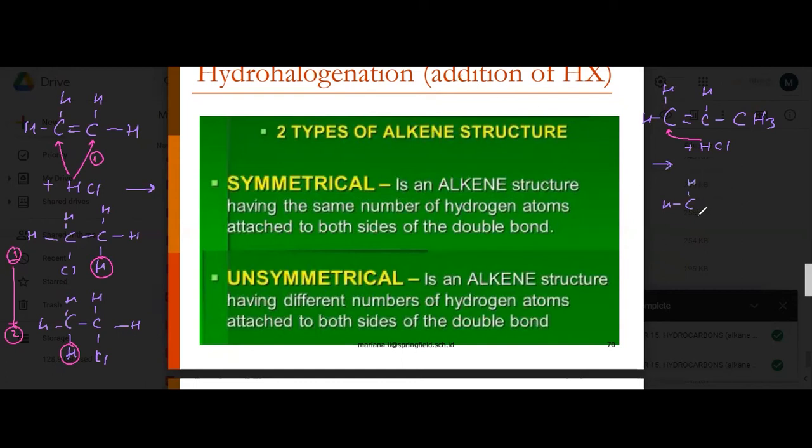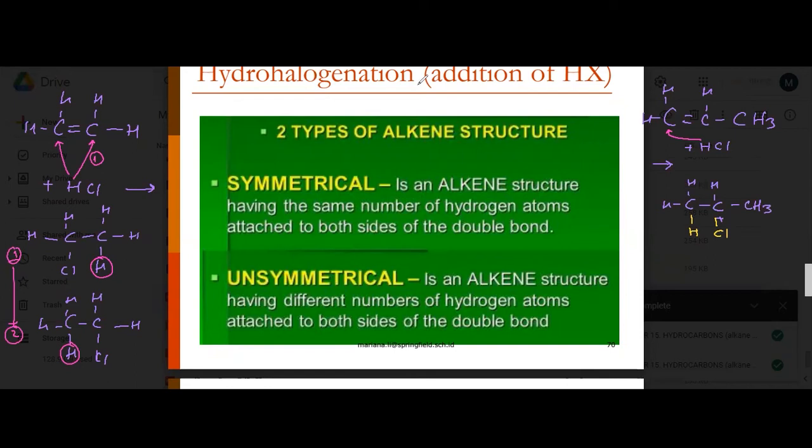This is the incoming H. I will use a different color. Look here, H, CH, CH3, and this is positive, right? So later on Cl will attack here. So Cl here. This is the first product that can be produced if you add propene to HCl.